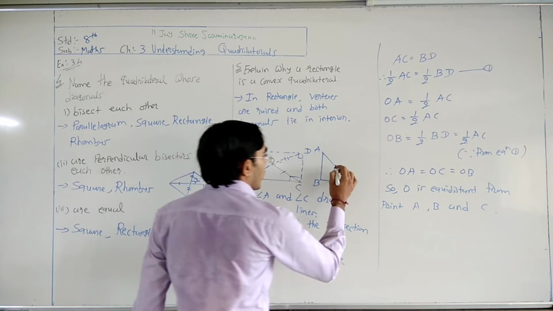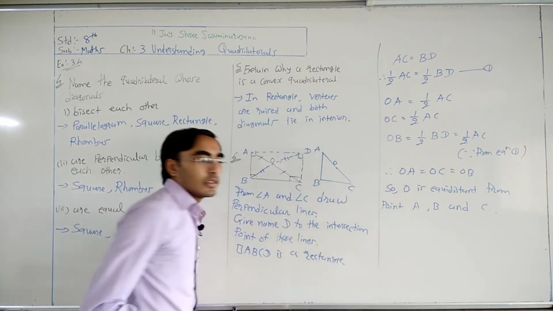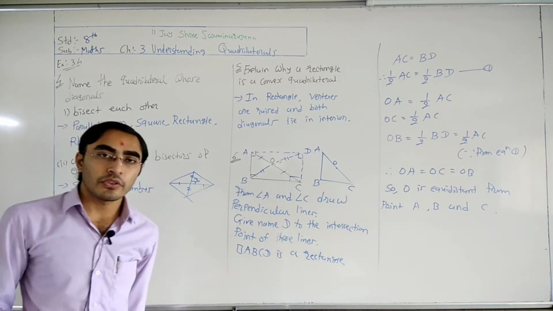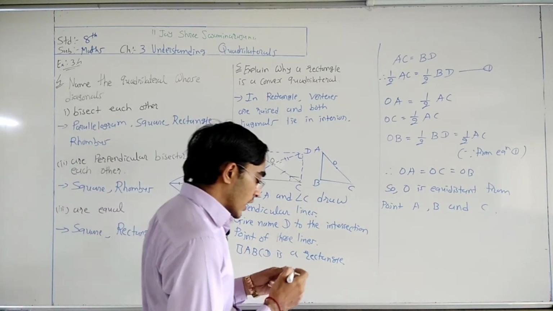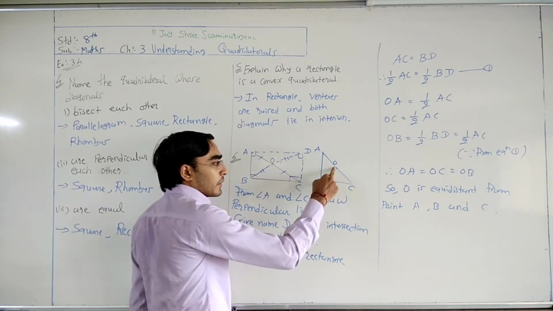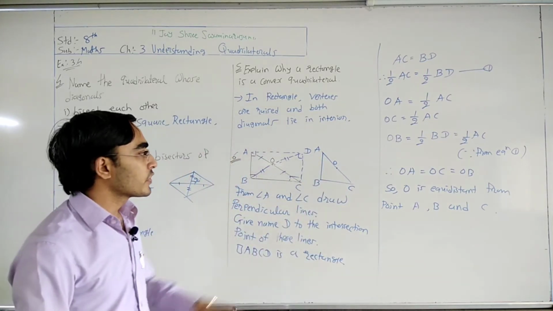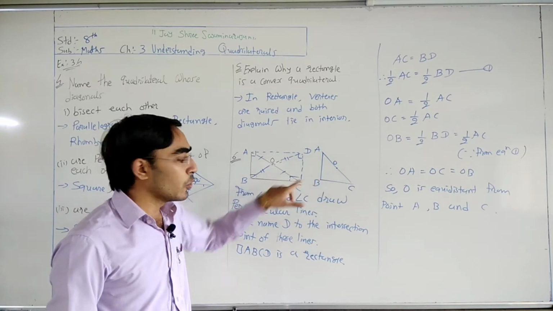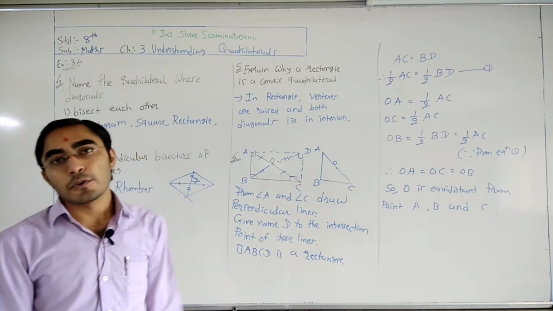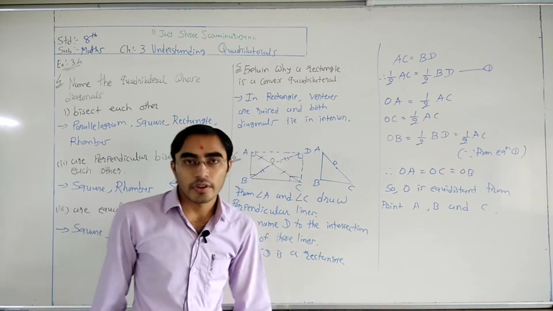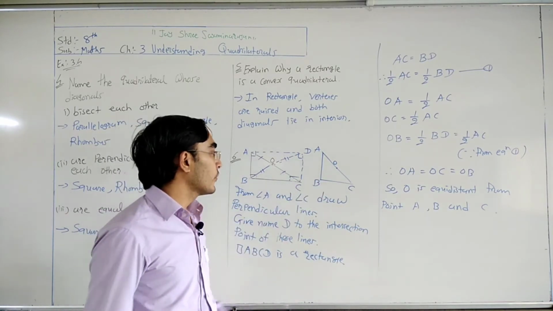O is the midpoint of the hypotenuse of this right angle triangle. We need to prove O is equidistant from A, B and C. That is, distances OA, OC and OB are equal. That we need to prove here. O is equidistant from all these three vertices.